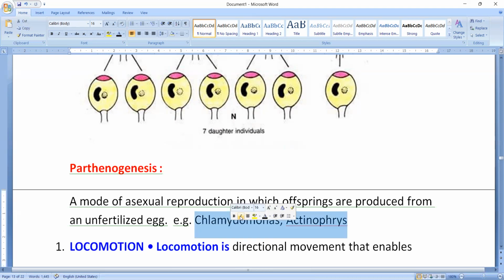You remember, Chlamydomonas and Actinophris show parthenogenesis among the protozoa. So that is about the different kinds of reproductive methods in protozoa.